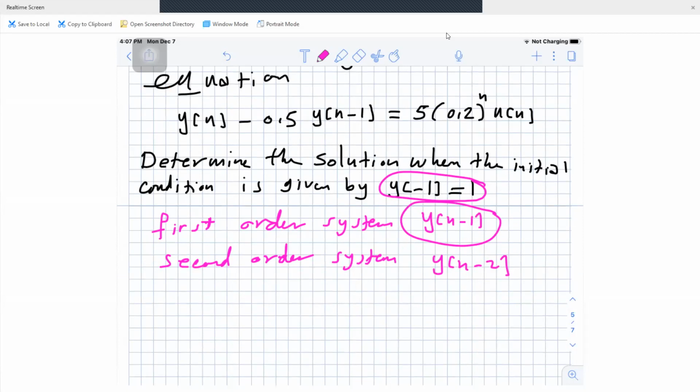Now, the Z transformation for y of n will be Y of z minus 0.5. This time we have the Z transformation for y of n minus 1, but with initial conditions. So we have to apply the derived equation.